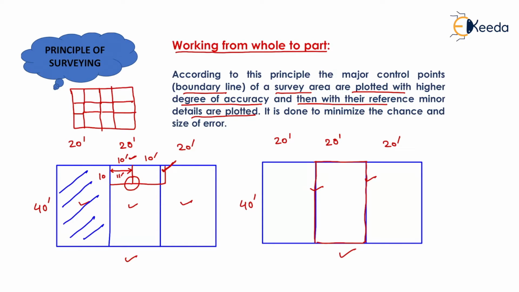Now suppose that during the layout work of the first room, he has made a mistake of 1 foot, that is, instead of 10 feet he has measured 11 feet as before. Then he will compensate for it by marking the other room as 10 feet into 9 feet.